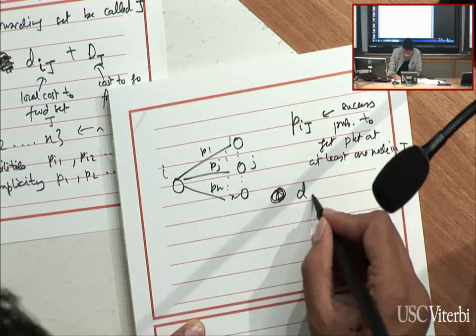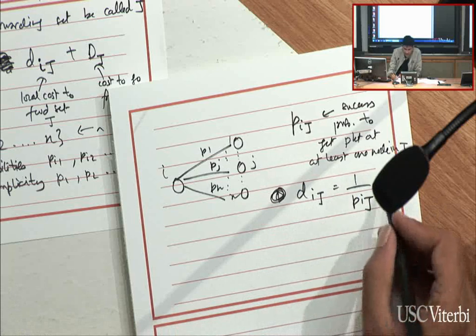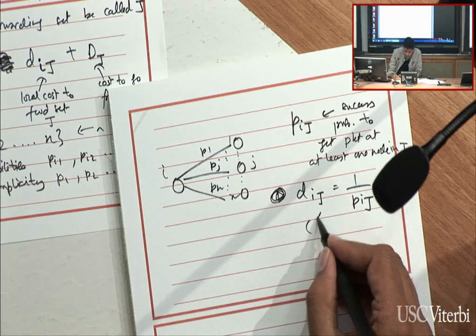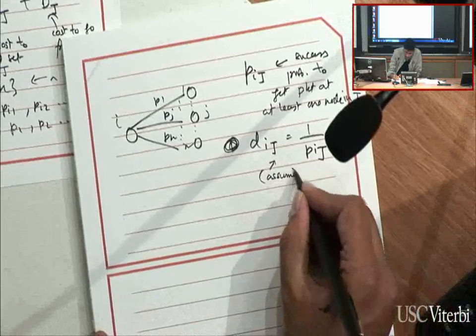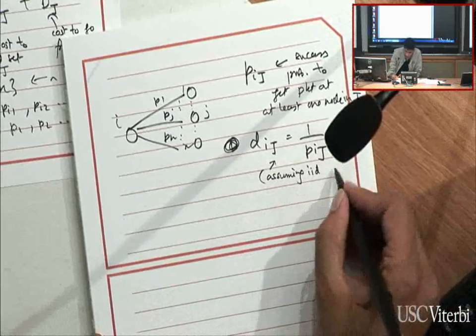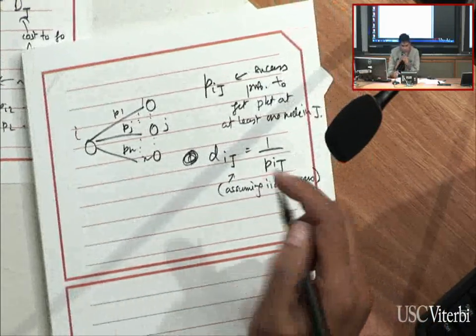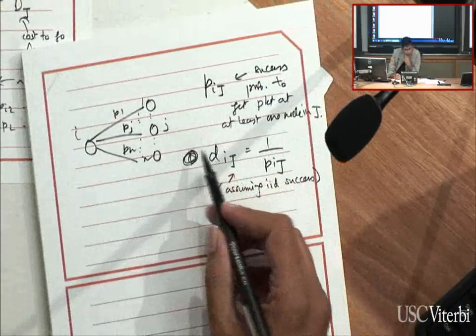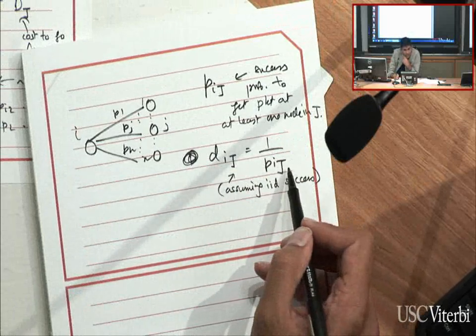Small d. Small dij is 1 over pij. Okay, so this is assuming IID success. So if I can compute Pij, Dij is just 1 over that number.